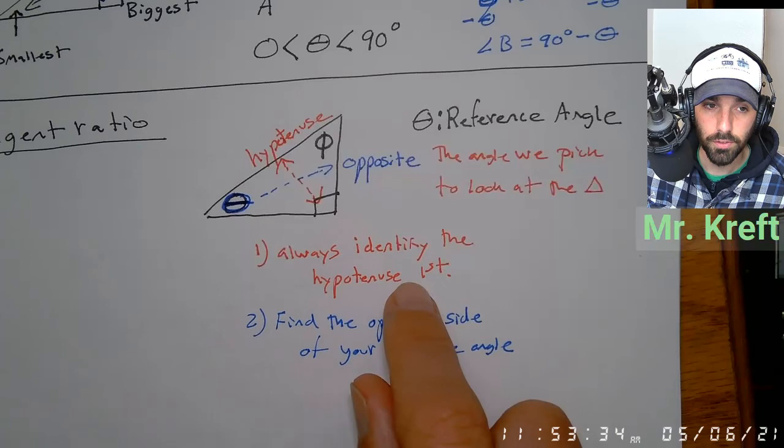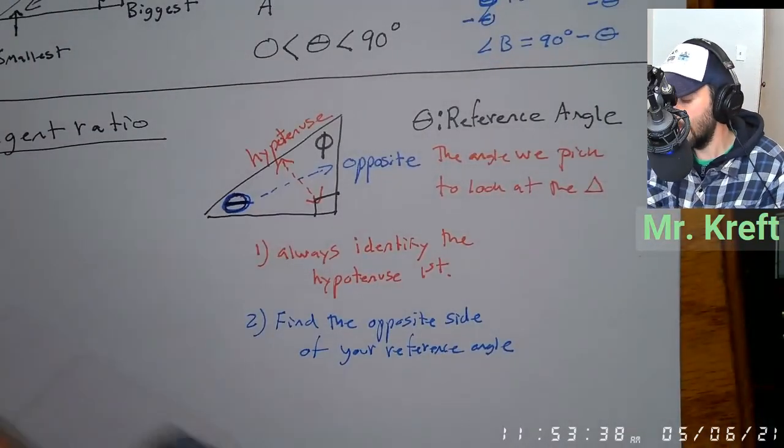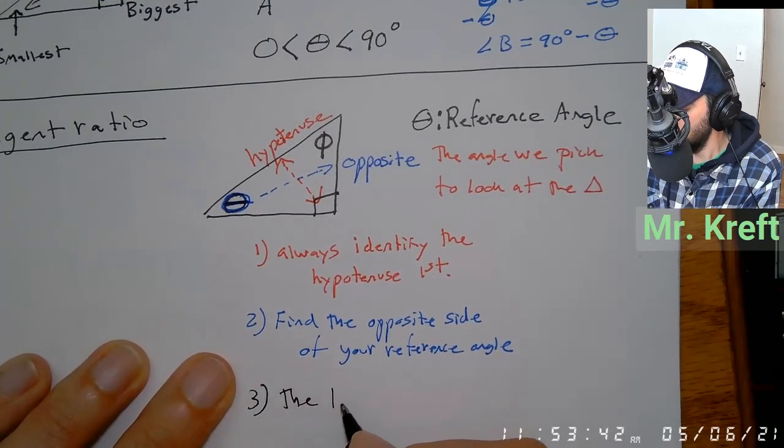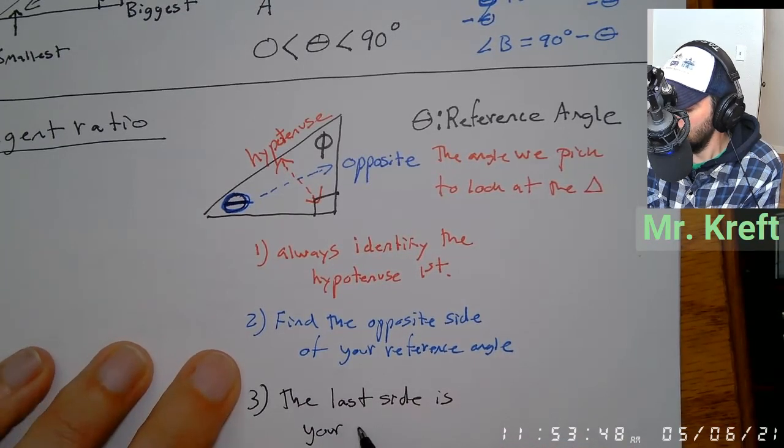Okay, so you find the hypotenuse first, then you find your opposite side second, and then last but not least, the last side is your adjacent side.